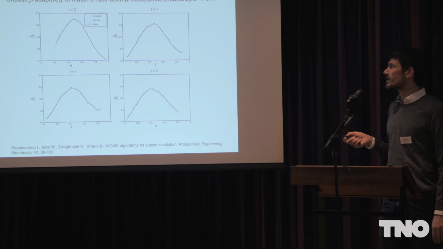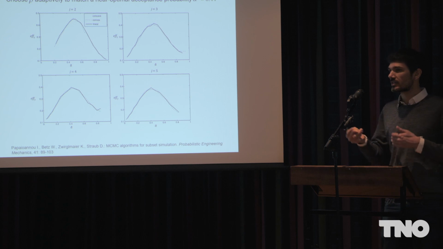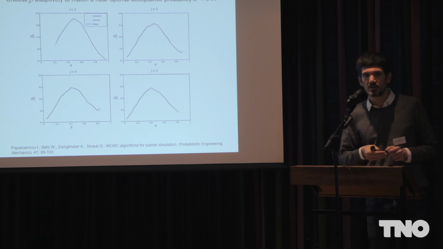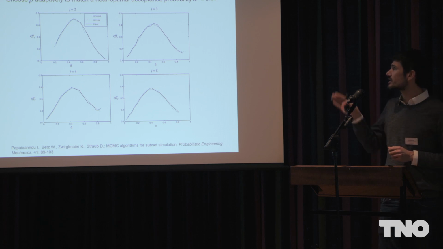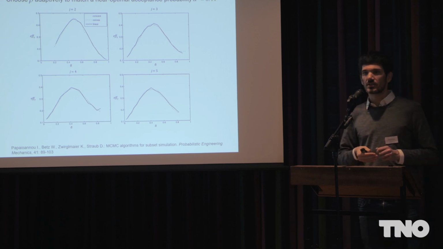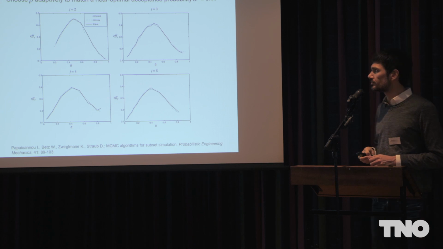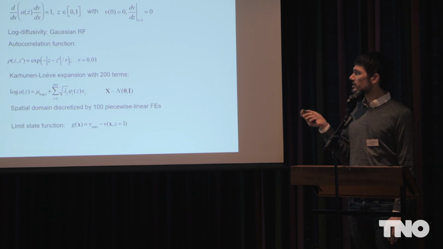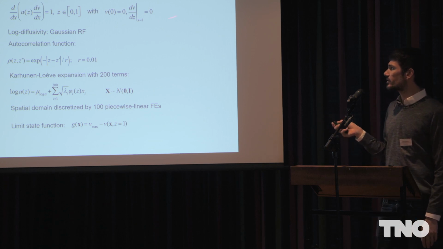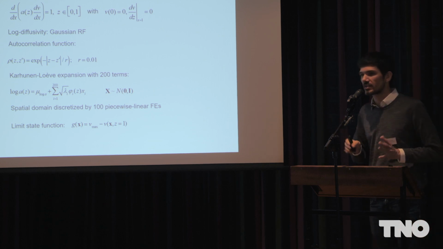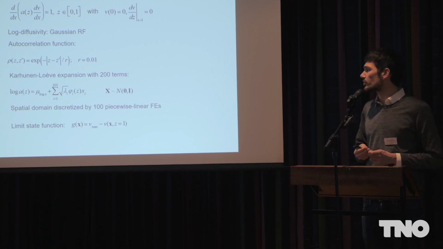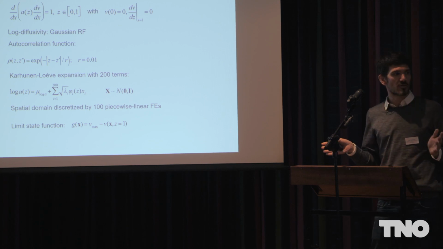So we have derived an adaptive algorithm that chooses the correlation parameter adaptively, such that it steers the acceptance rate to come close to 0.44. Let me show an example on this. This is a one-dimensional diffusion problem.